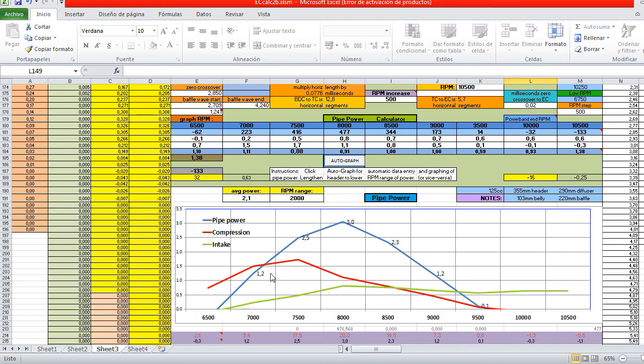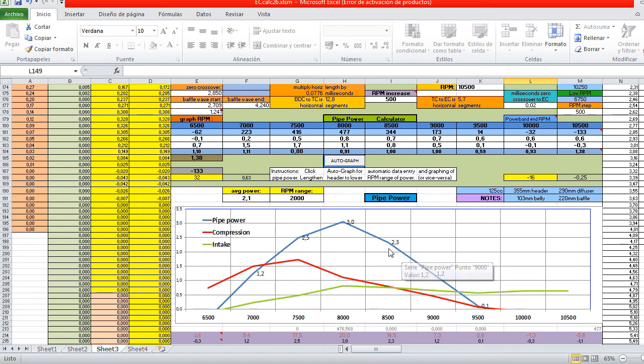But you could just note down these numbers and the header length, and then just go from there. Change the header length on sheet 1, come back to sheet 3, graph it, take note of the numbers, go back to sheet 1, change it again. It's a process of maybe 4 different tries before you'll decide on which power band you like most.